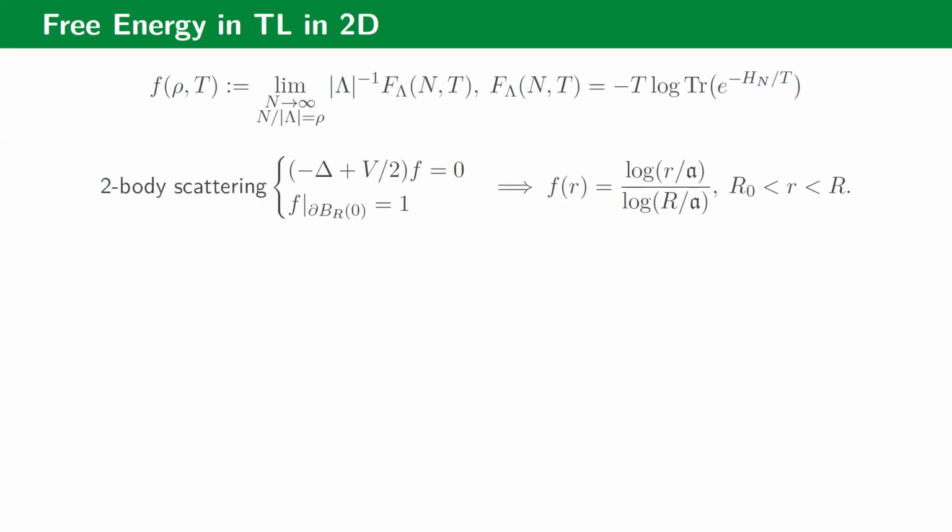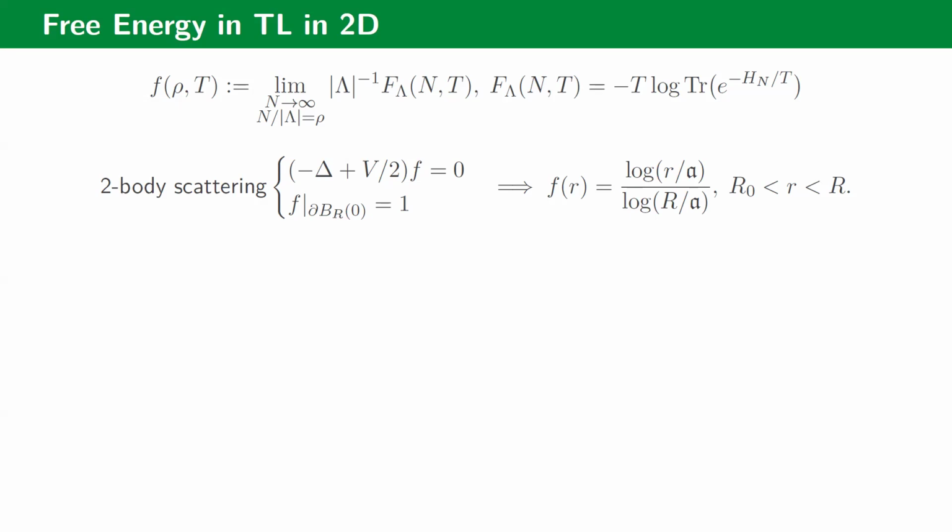The first thing you observe is that there should be some interaction. The leading order energy, if you think of it, might be what you get if you look at two particles interacting and then just multiply it by the number of particle pairs that you have. So how can we describe the two-body interaction?